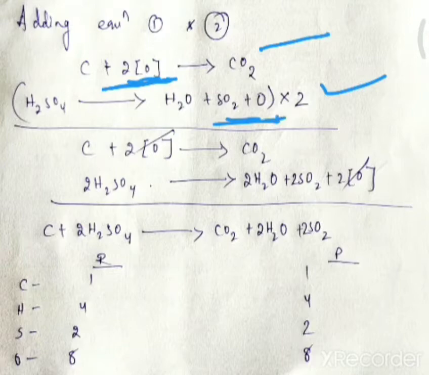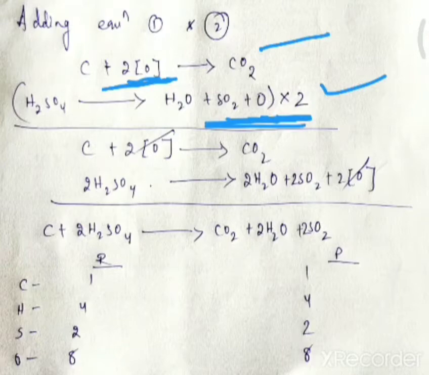So we cannot cancel it on both sides. To cancel it from both sides we need two nascent oxygen in the product part of the second equation. So we will multiply the second equation by 2.